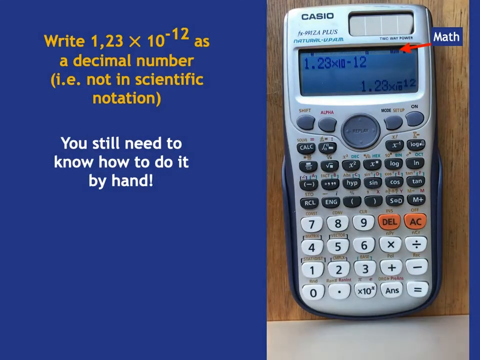Hit the equals sign, and my calculator simply doesn't do the conversion. It leaves it as 10 to the negative 12. And why is that? Well, it's because 12 is a really big number, right? So there's going to be lots and lots of zeros here, and that's simply too much for the calculator, and so it leaves it in scientific notation mode.